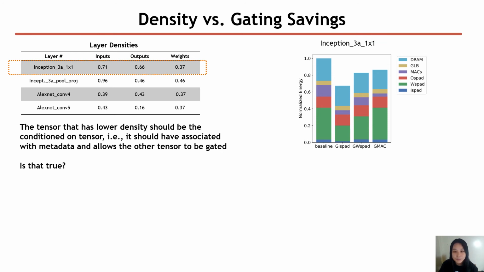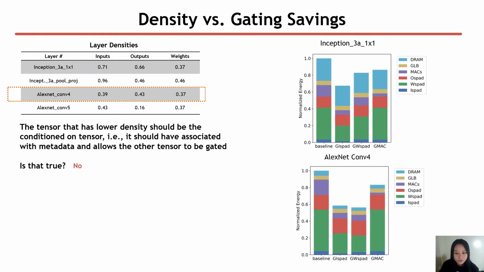Gate on weights means gate input scratchpad based on weights stored in the weight scratchpad. And the answer is of course no. So if we look at AlexNet convolutional layer 4, what we expect would be gating input scratchpad based on weights stored in the weight scratchpad gives us better performance.